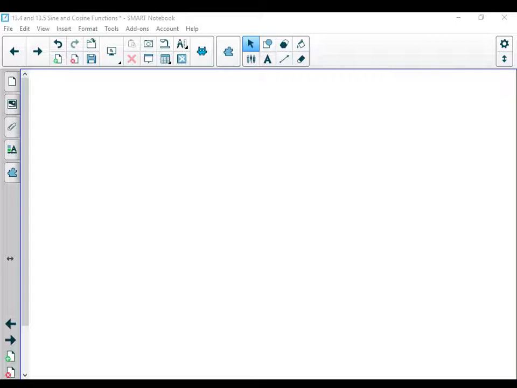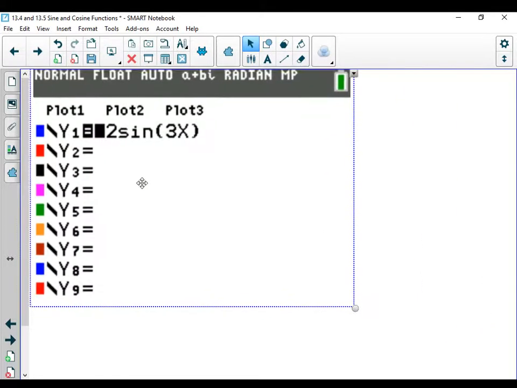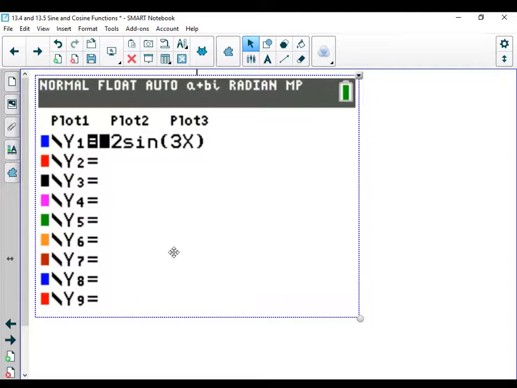Y equals, type all that in. Once you have that typed in, and that's a -2 there for my virtual kids, that kind of blacked out there.